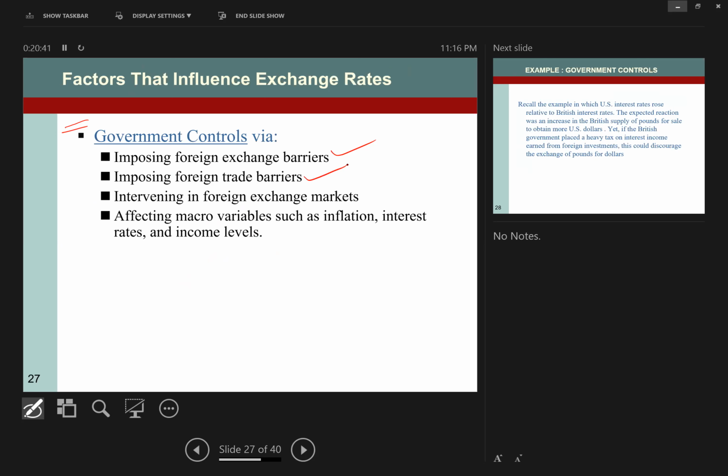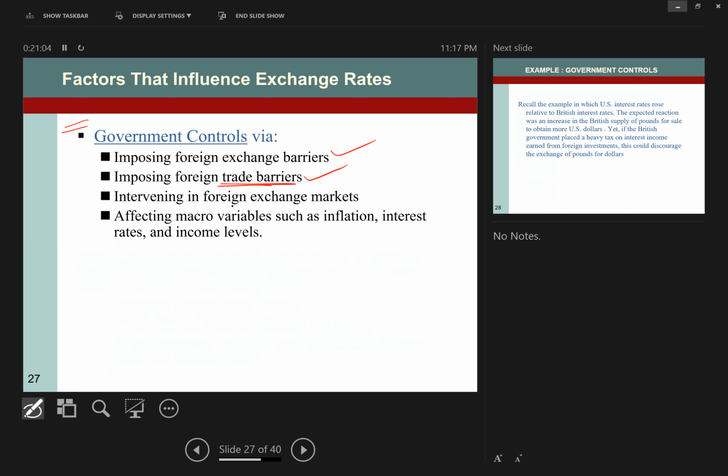Imposing foreign trade barriers. You cannot import from the UK, you cannot import from US, or you cannot import from China whatsoever. When trade is banned, foreign currency is also affected, because when you import, you create demand for that currency. If import is banned, then how can you create the demand?